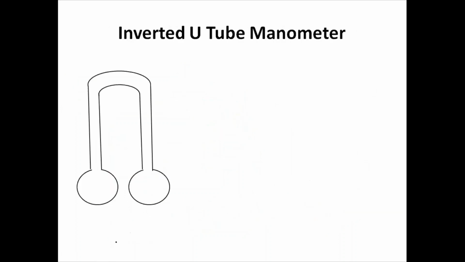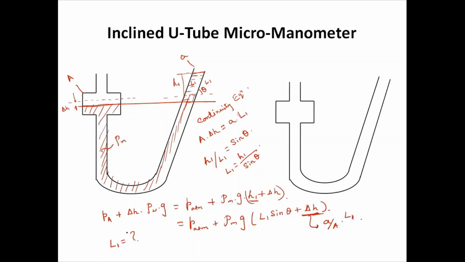Because sine theta cannot be greater than 1, sine theta is always less than 1, so L1 must always be greater than H1. So the scale for observing is rising. If you make one side inclined, the scaling is more.